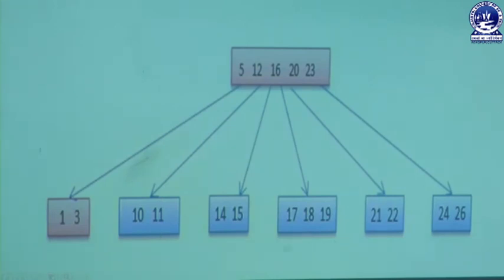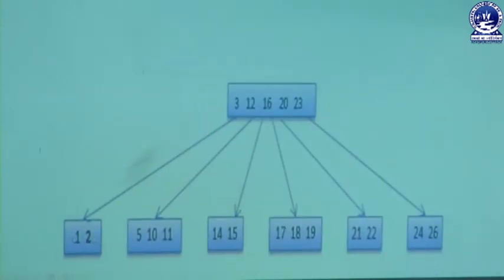The tree will look like this. Why? Because when we delete 2, the node will contain only one value, that is 1, which is violating the B tree rule.